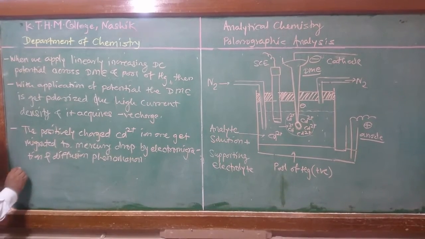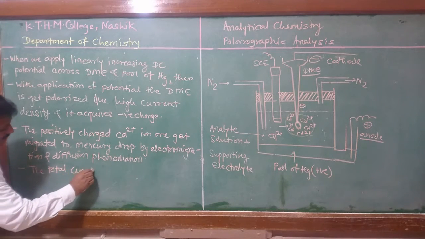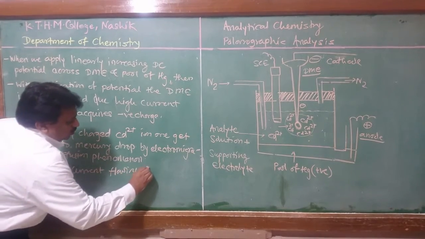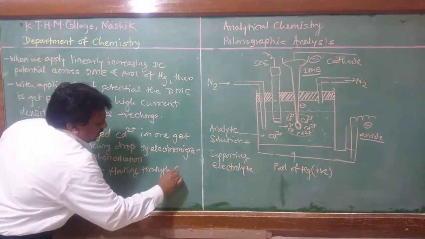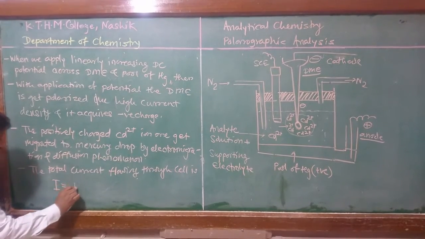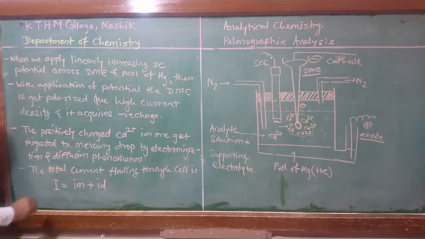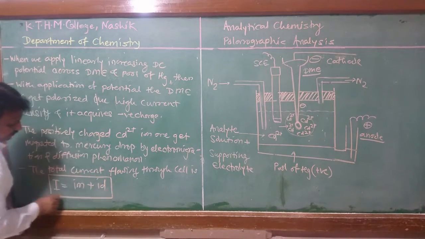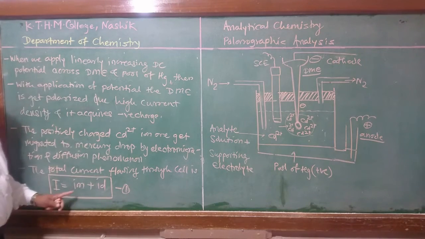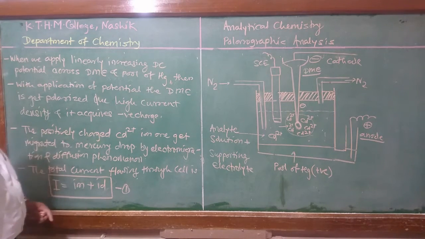And the total current flowing through the cell is I = Im + Id, the migration current plus the diffusion current. So the current flowing through the cell is the sum of the migration current and the diffusion current.